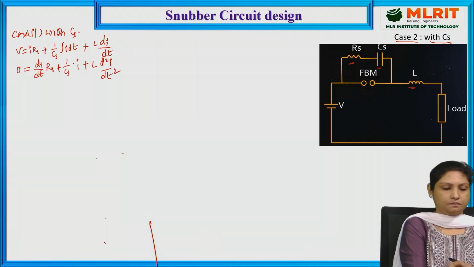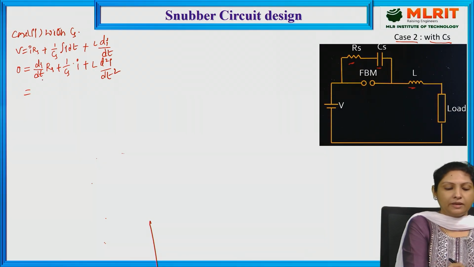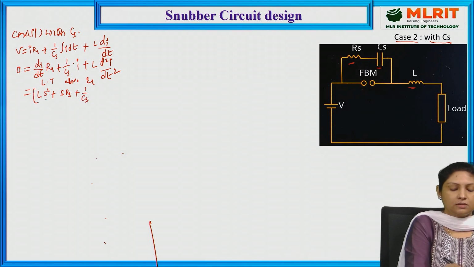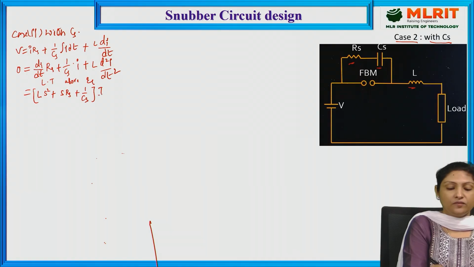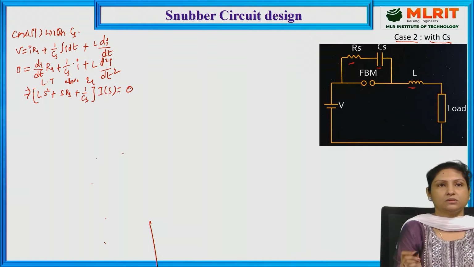And here applying Laplace transform to the above equation, we get L into S square plus S into Rs plus 1 by Cs, taking I of S common, this is equal to 0.